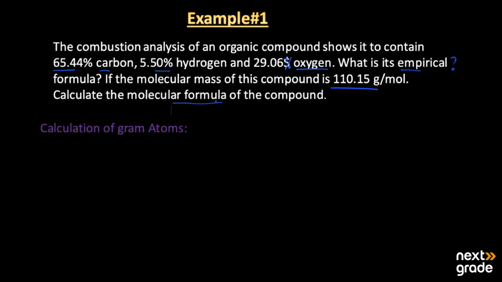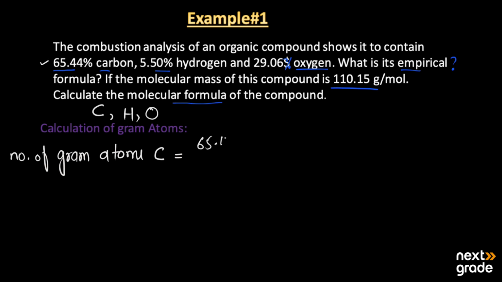So how can we calculate the molecular formula using this? The first step is to calculate the number of gram atoms, because we already have the percentage composition. Here we have carbon, hydrogen, and oxygen. So the number of gram atoms of carbon is equal to its percentage composition, which is 65.44, divided by its mass number, 12 gram per mole.